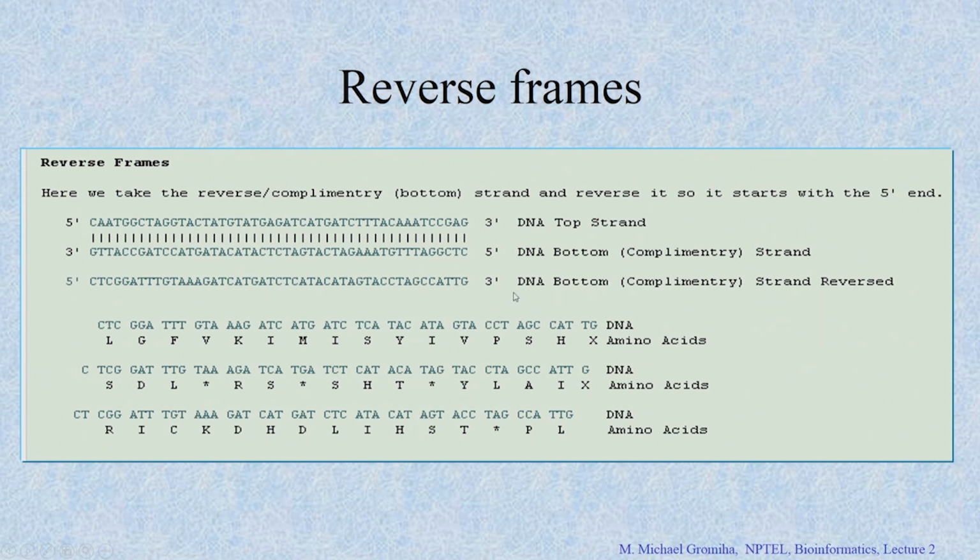From this 5 prime to 3 prime sequence, you make the codons, here CTC, GGA, TTT and so on. CTC codes for L, GGA codes for G and TTT codes for F. So, now you can get the amino acids. Likewise, you take one out, then you get the second frame and the third frame. In total you will have 6 reading frames, 3 forward frames and 3 reverse frames.